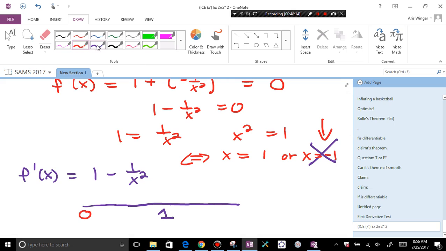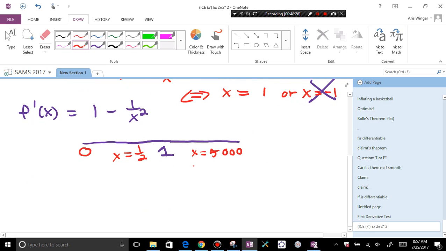Okay, so great. So we'll pick a value here. 1/2, 5,000. F prime of 1/2 is equal to what?